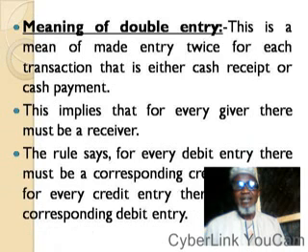Conclusively, I mentioned the meaning of double entry for you, which is making twice of our transaction, whether it is cash receipt or cash payment. And I said it implies that whenever we have a giver, we should have a receiver, and whenever we have a receiver, we should have a giver.